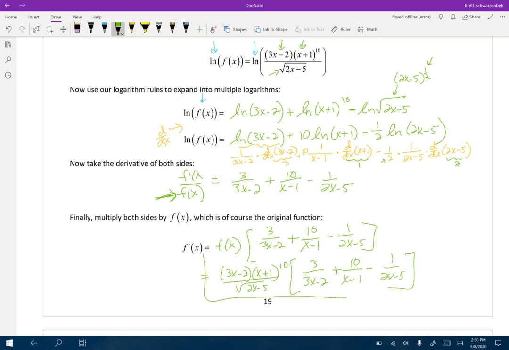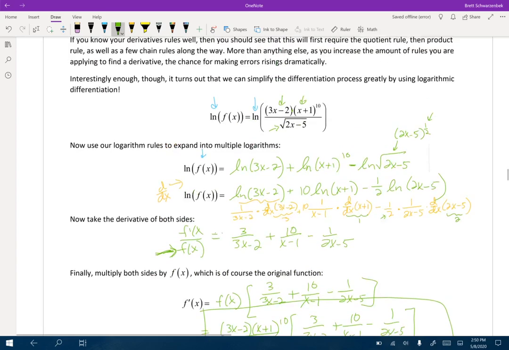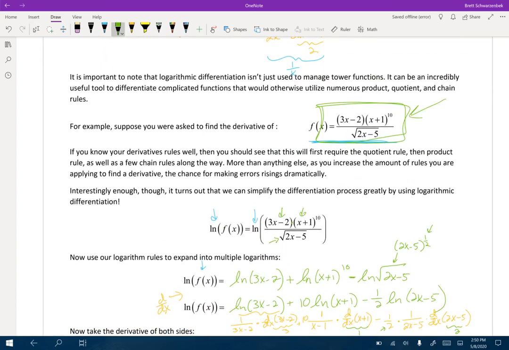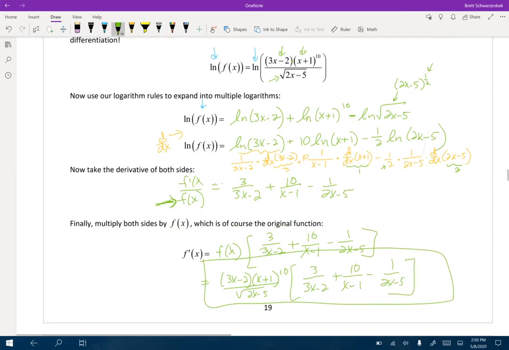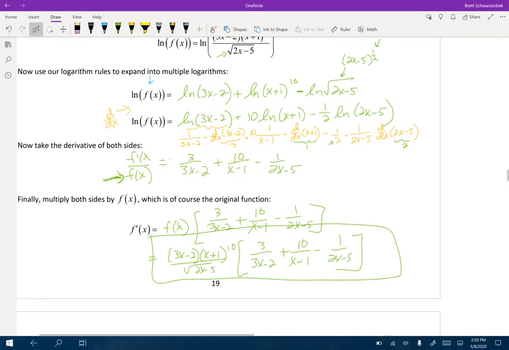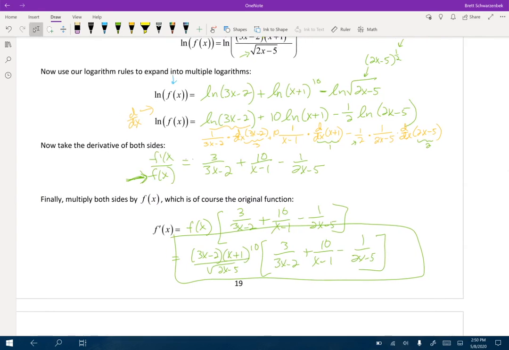Now I know a lot of students are going to be like, wait, so this is easier? Believe it or not, it is. This is a train wreck, trying to find the derivative in a regular way. So this is a much preferred method. Also be aware that we use logarithmic differentiation in other things in Calc 2 other than finding derivatives, that help us determine very easy functions to manage.